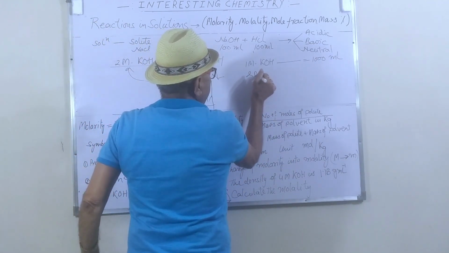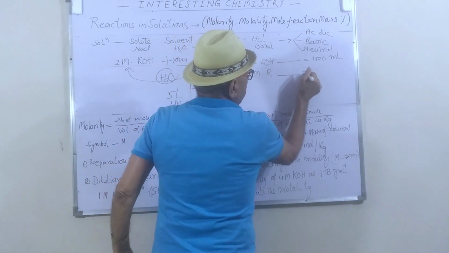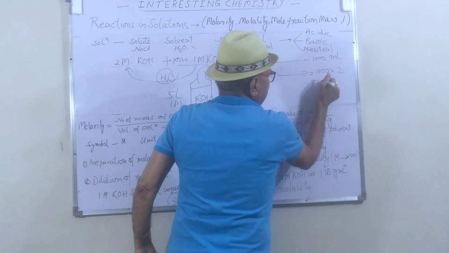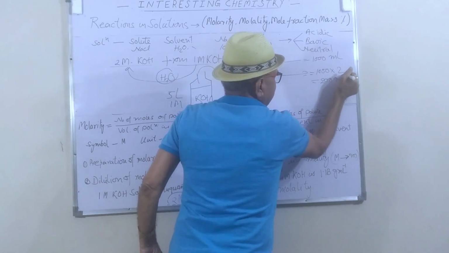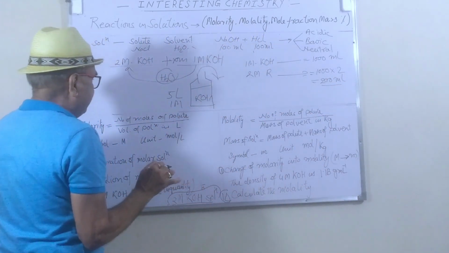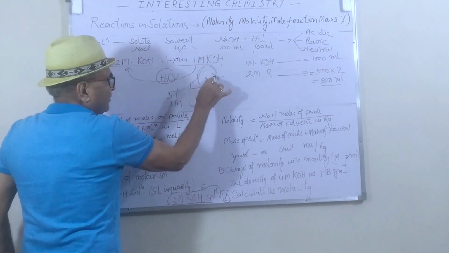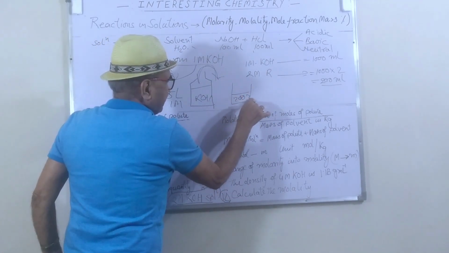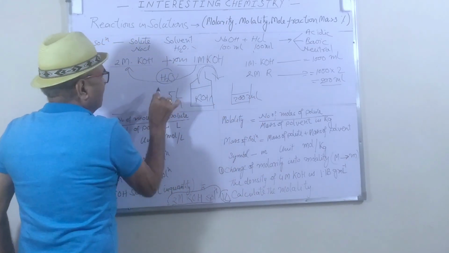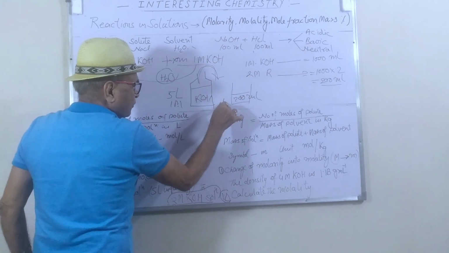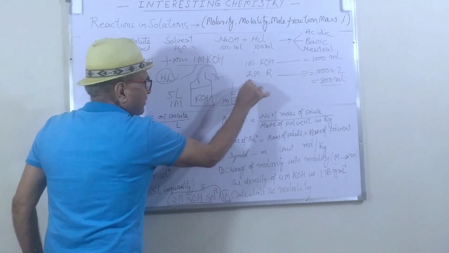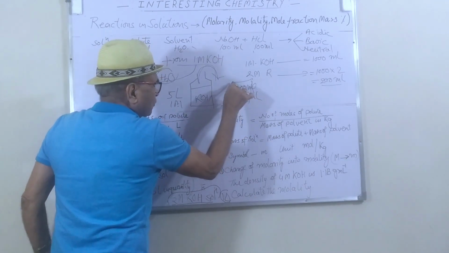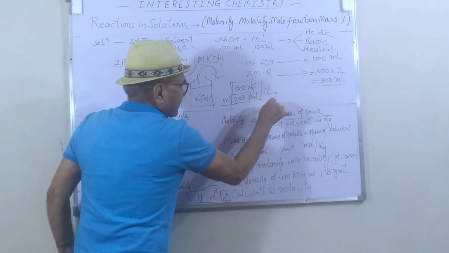Thus the 0.2M KOH will be present in 1000 into 0.2, that is 200 milliliter. So you have to take out 200 milliliter of this 1M solution, and now make it up by adding 800 milliliter of water to make it 1 liter. This is the way.